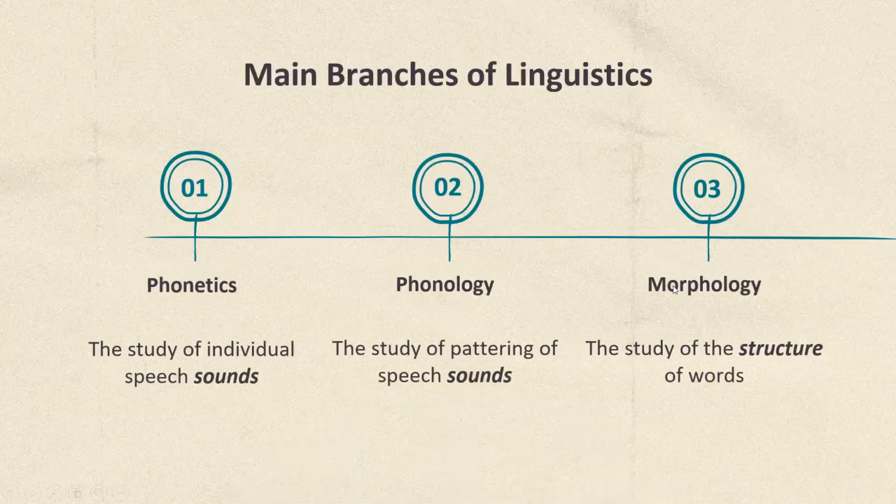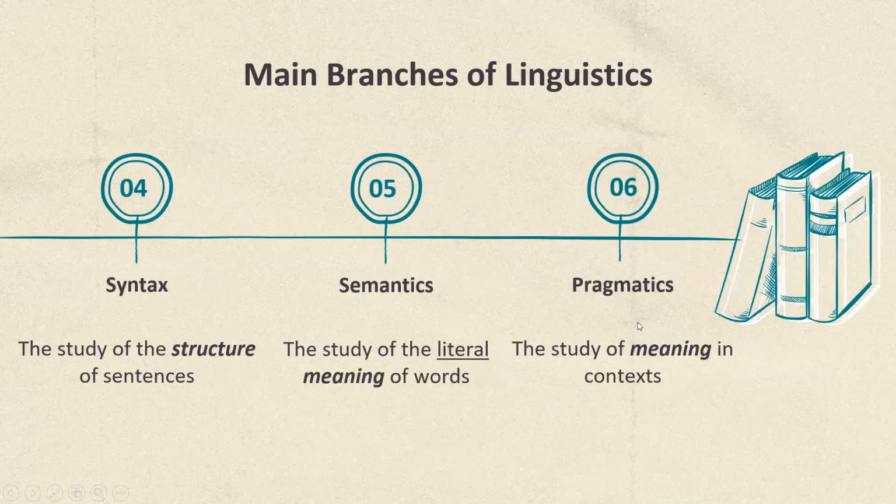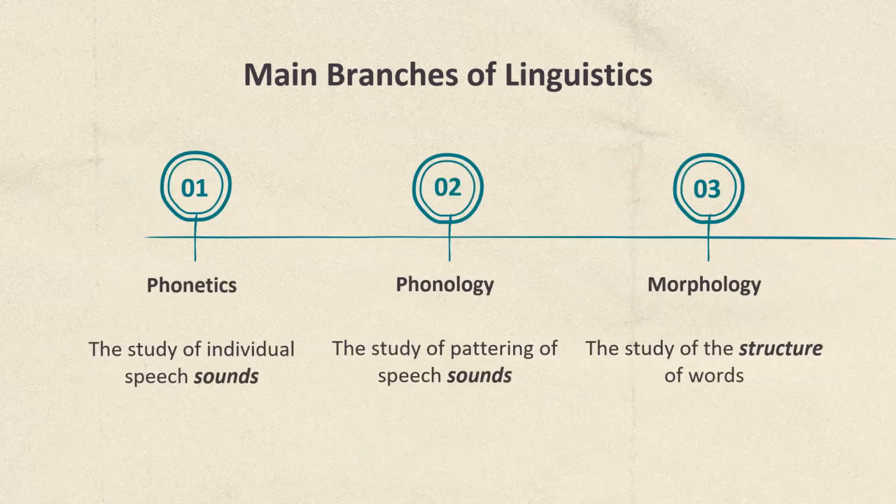Okay. First, we have phonetics and phonology. They both study sound: the study of individual speech sounds, and the study of patterning of speech sounds. Morphology and syntax, they study structure. Semantics and pragmatics, they study meaning.